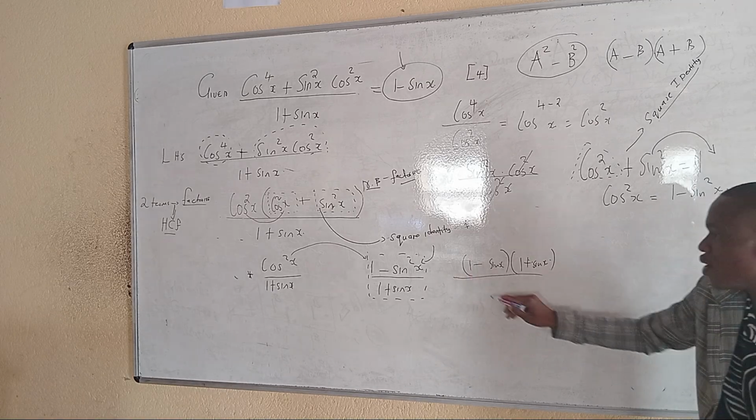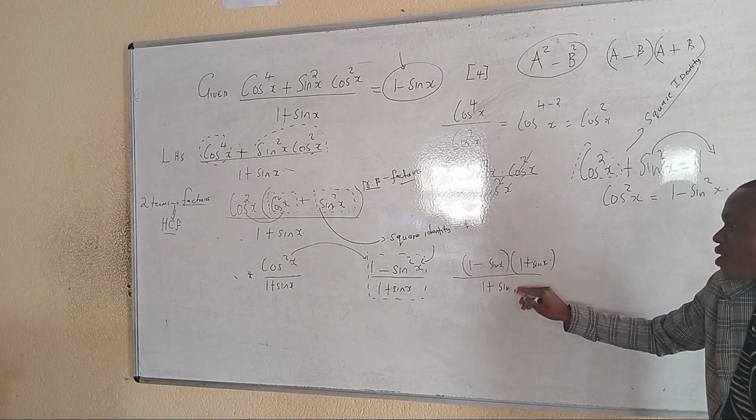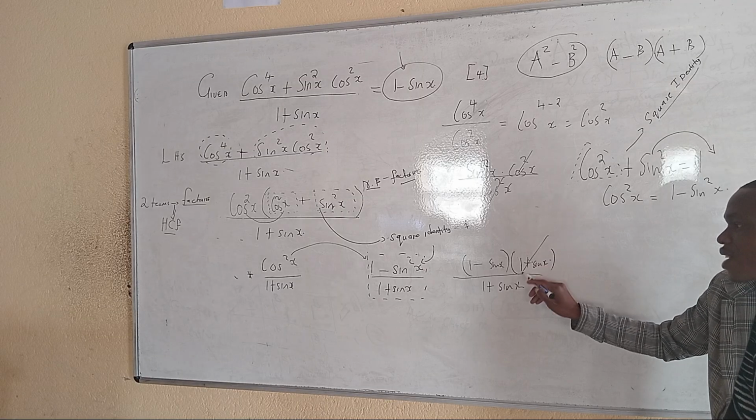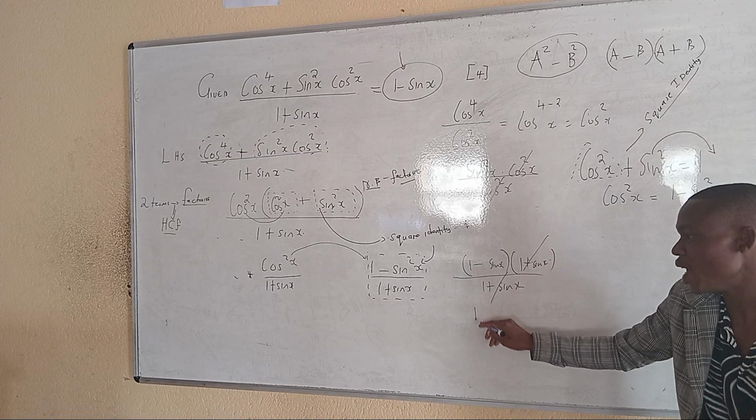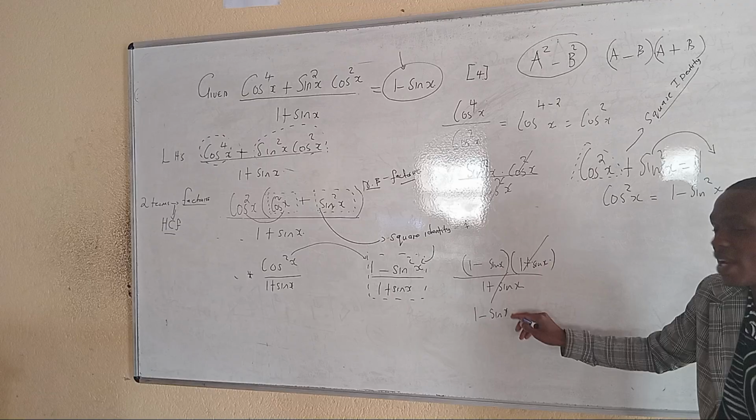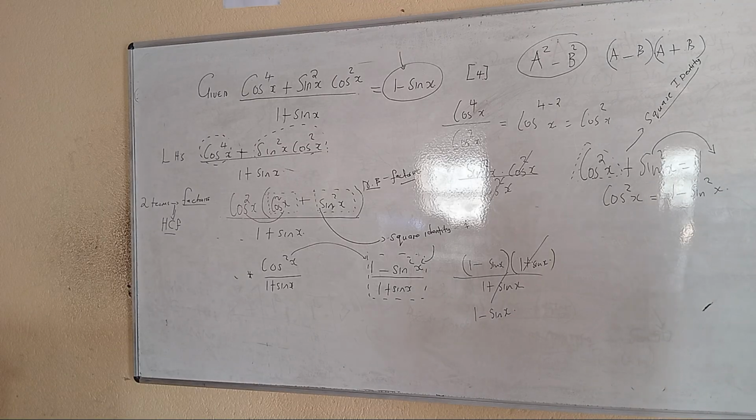All over 1 plus sine x. This cancels this. We are left with 1 minus sine x. Therefore, the left-hand side is equal to the right-hand side. You have proven your identity. You can do it, guys.